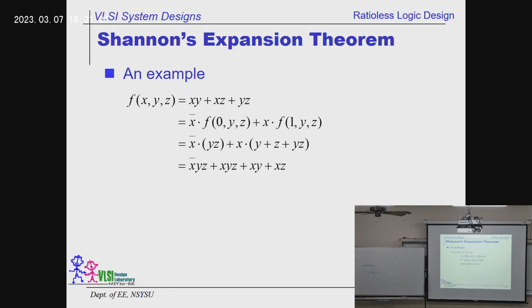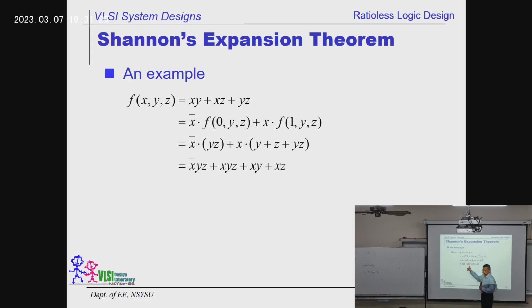Then you use very basic algebraic manipulation. We remove the brackets. This is a term left over here. This is xy, xz stands here, xyz comes over here. Is that correct? Everything's good? So check these two terms: we have x bar, we have x.